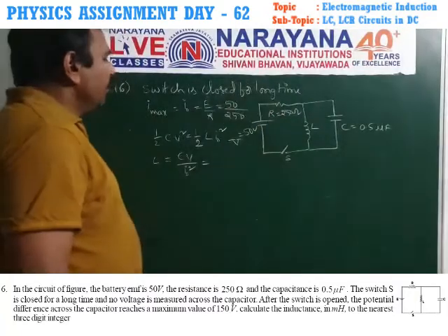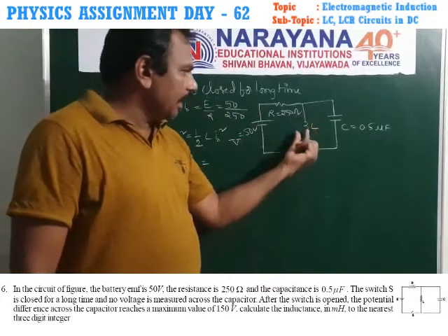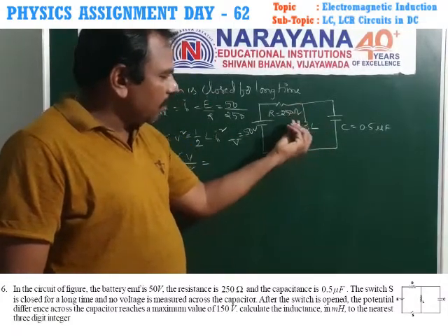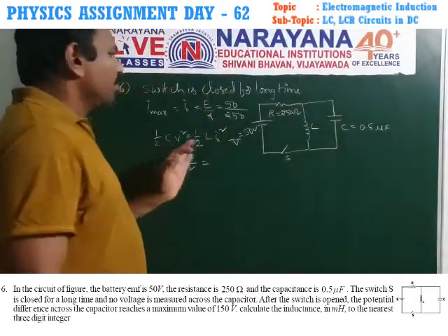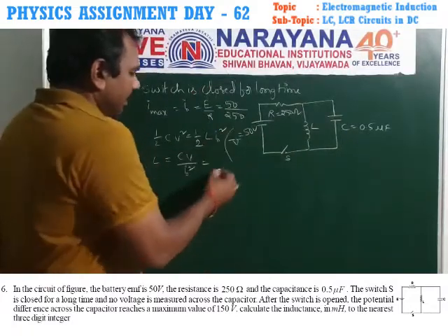Now when the switch is open, the inductor acts as a cell that produces charge to the capacitor. So the energy stored in the capacitor is equal to the energy stored in the inductor.